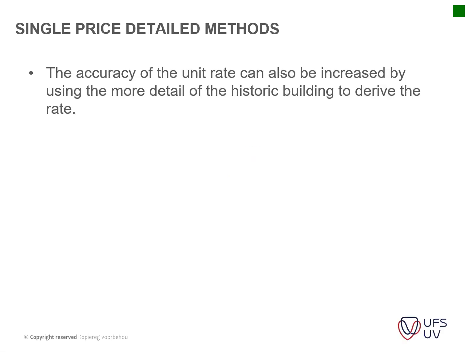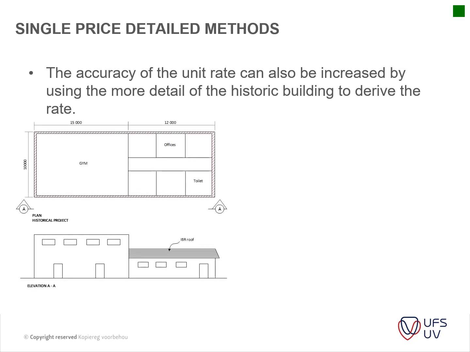Then you've got your single price detailed methods. This is what we've looked at. So the accuracy of the unit rate can also be increased by using more detail of the historic building to derive the rate. So this is an example that I discussed in class, where you had a previous development that had certain elements towards a new development.